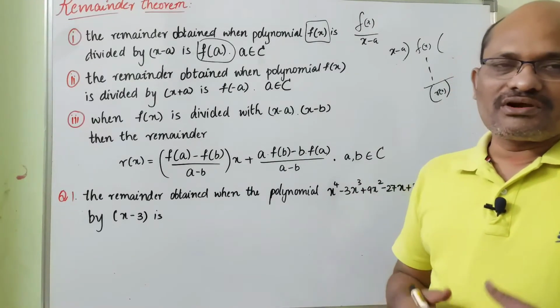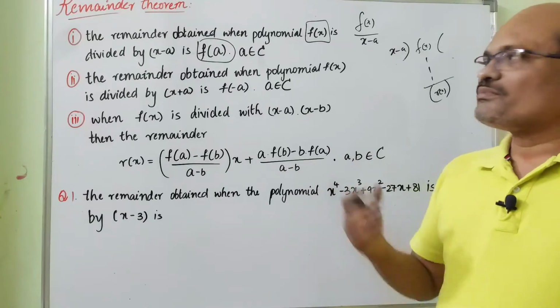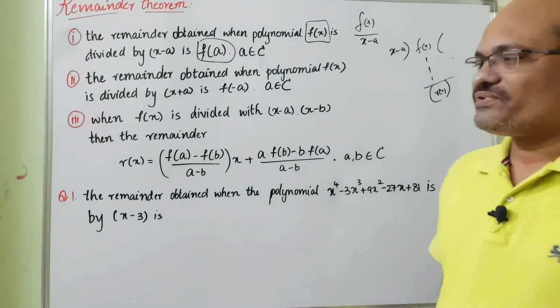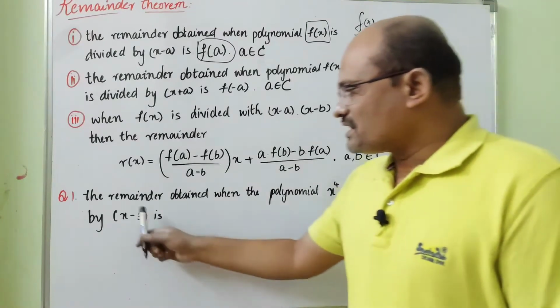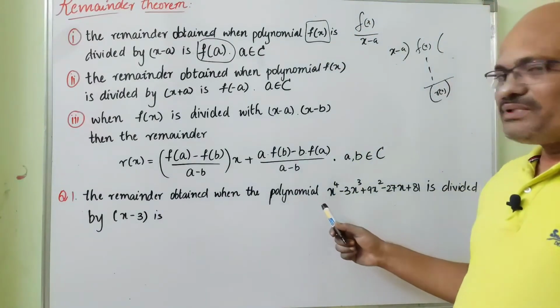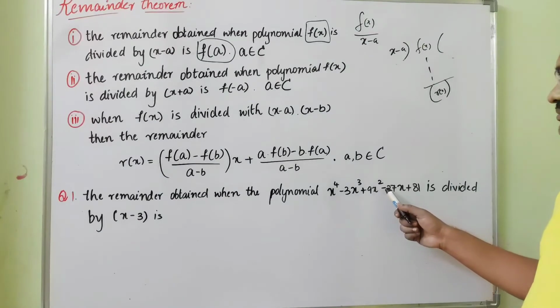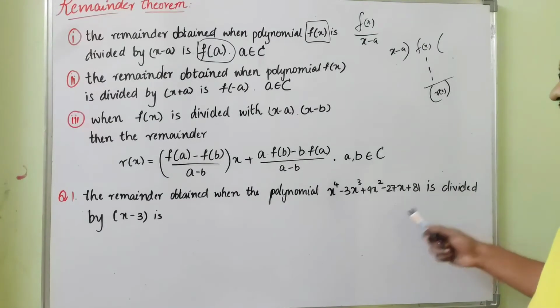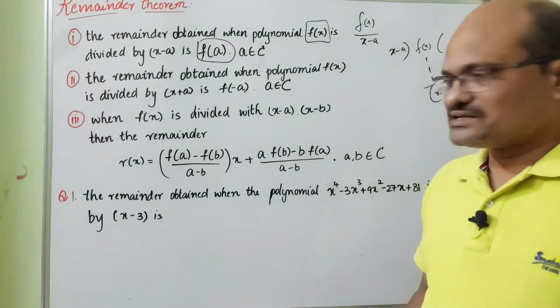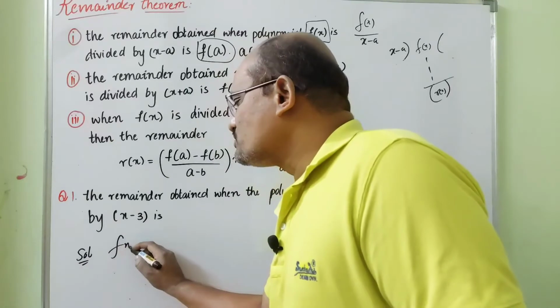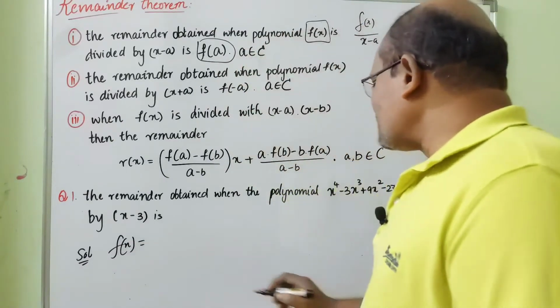I told you already, I am not explaining the proofs, I am only taking this formula and doing problems. Let me do the first question. The remainder obtained when the polynomial x power 4 minus 3x cube plus 9x square minus 27x plus 81 is divided by x minus 3 is. So students, first of all, assume the given polynomial as f of x.